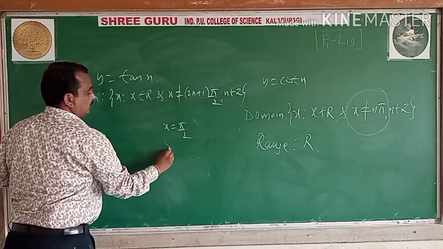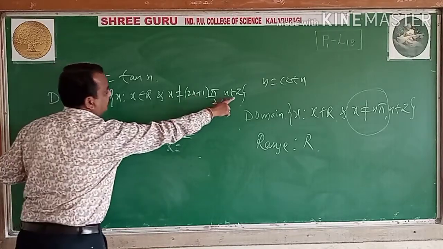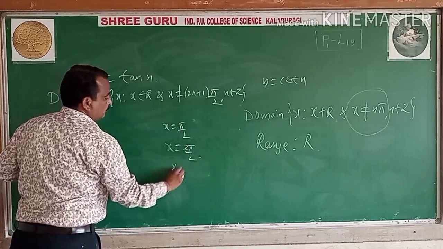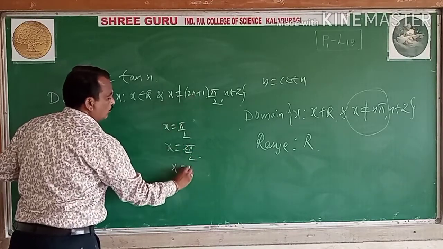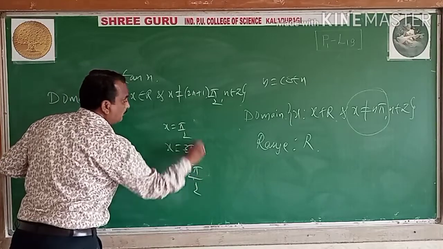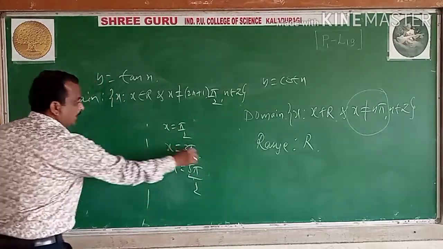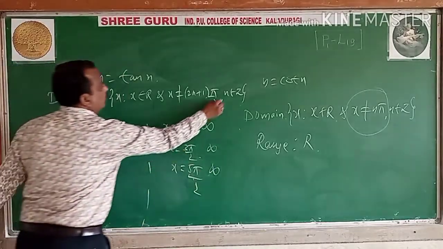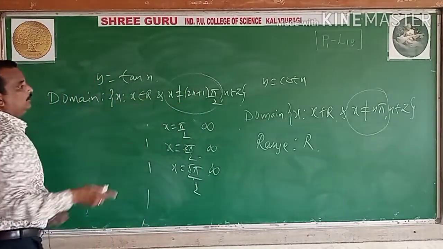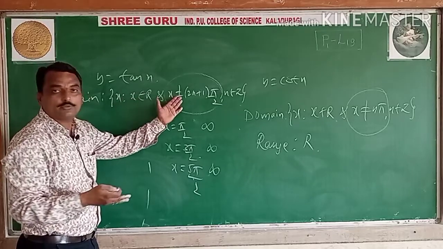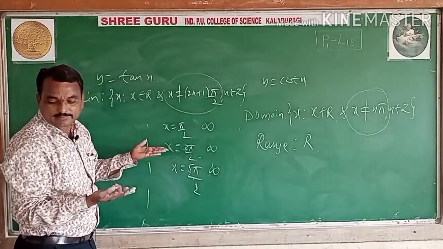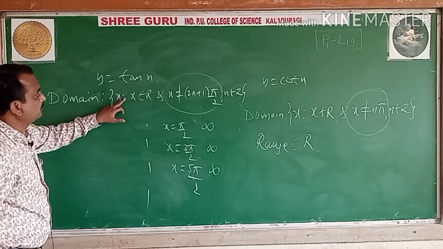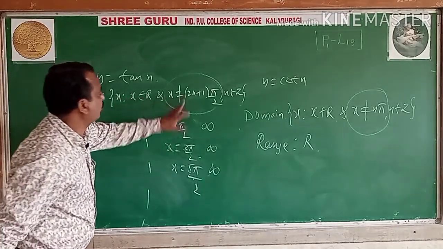If you give 1, 3 pi by 2. If 2, 5 pi by 2. At that time the graph has infinity lines. At that time the values are infinities. So therefore we don't want these values, except these. And if you take these values, then it is infinity lines here. So they are meaningless. So therefore the domain is the set of x such that x is not equal to odd multiples of pi by 2.